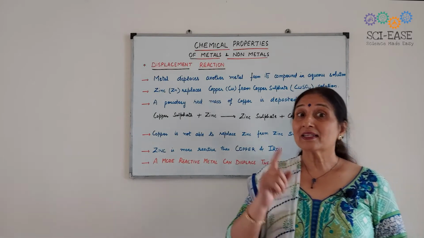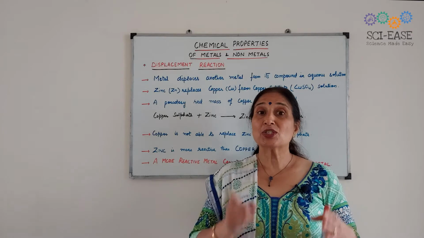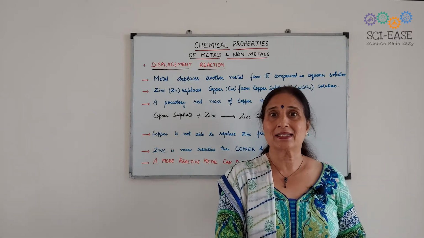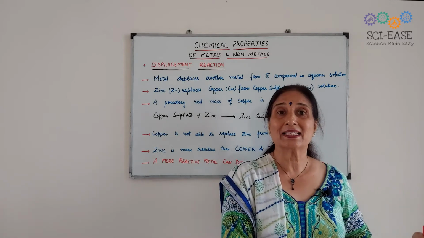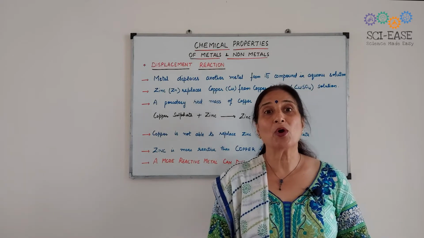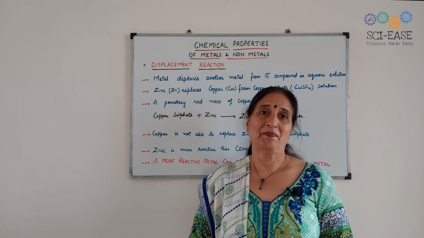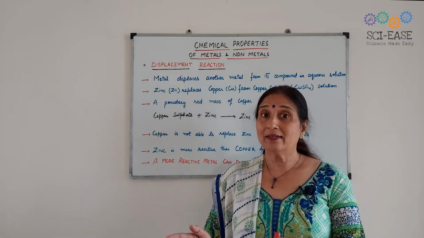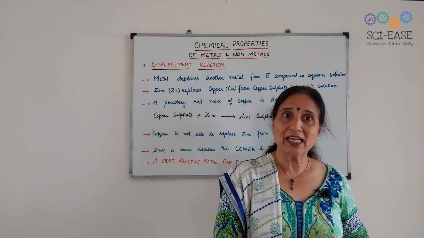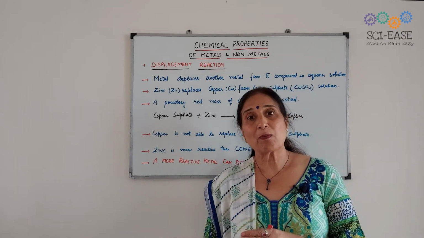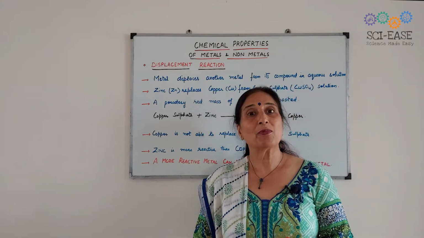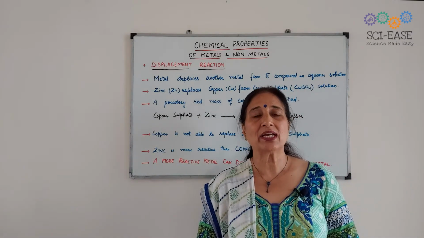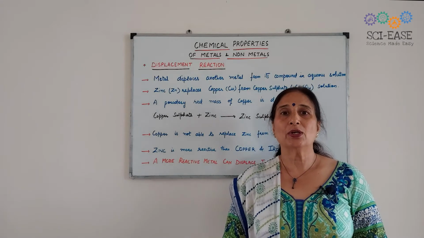Because iron, which is more reactive than copper, will displace, or you can say replace, copper from copper sulfate solution. So iron is more reactive than copper. It can displace copper from copper sulfate solution. That is why there is a change in the color of the solution.